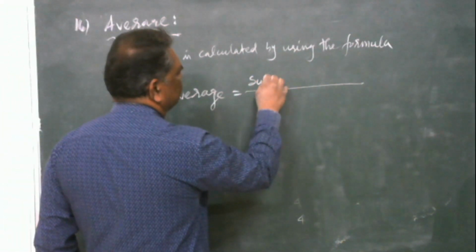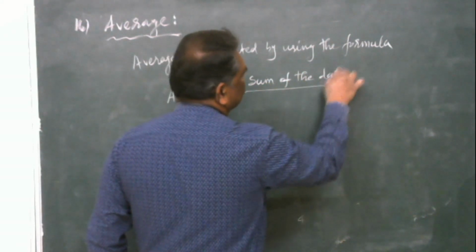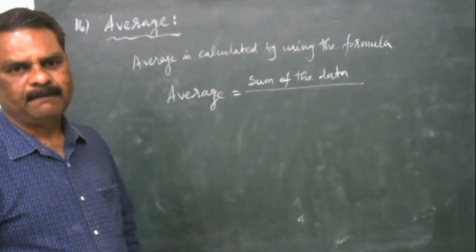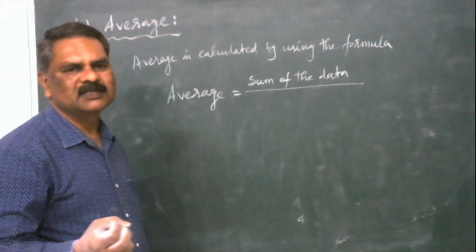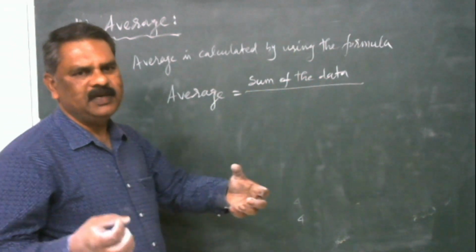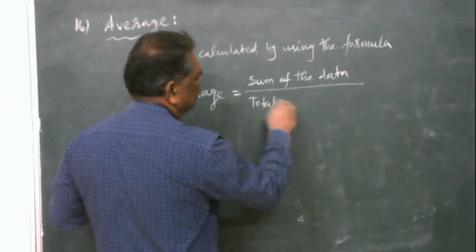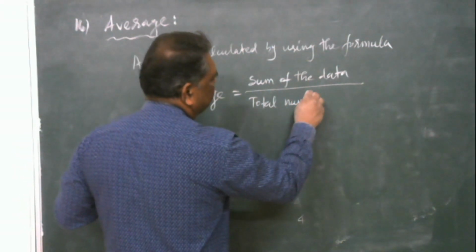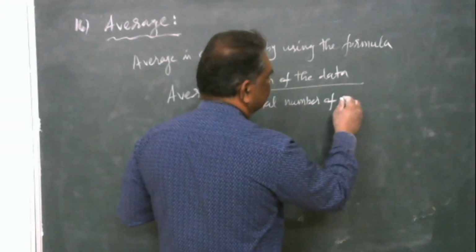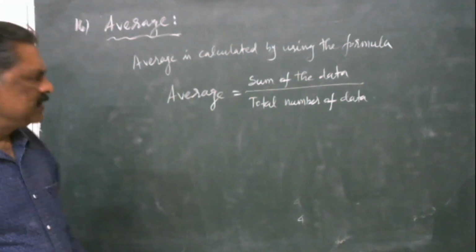We need to find the total sum of the data, that means marks, observations, or age, marks, whatever we are considering, that data should be added together, divided by the total number of data.